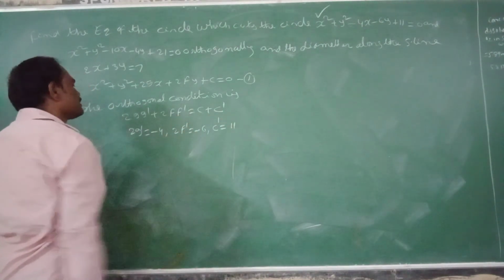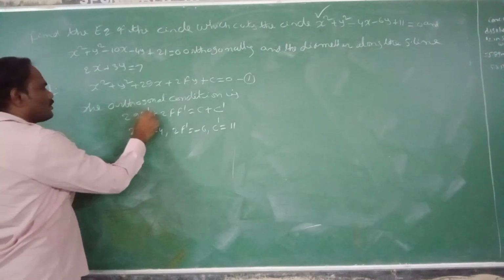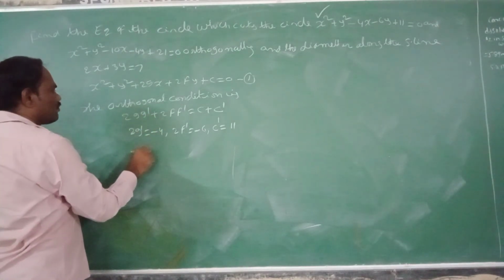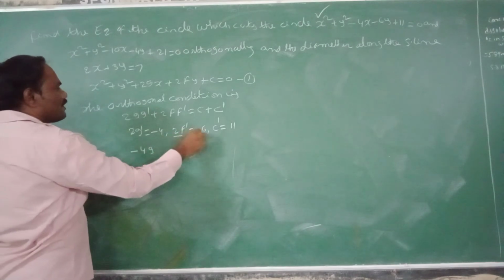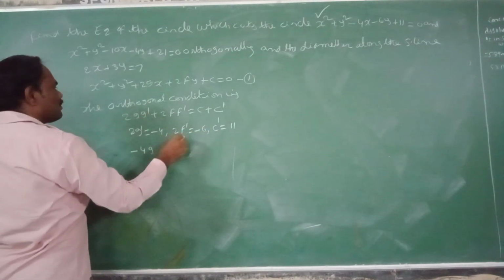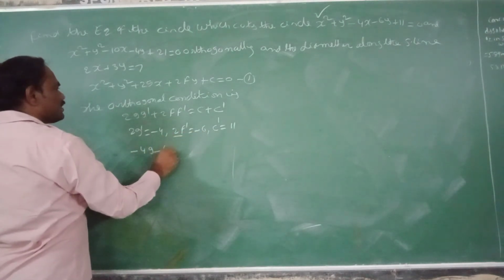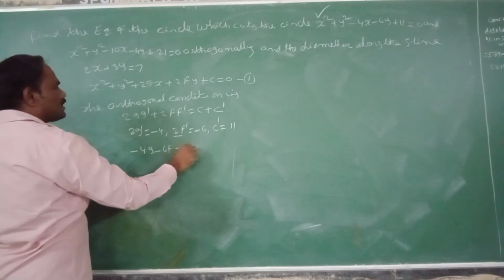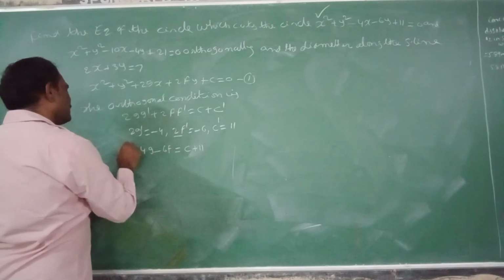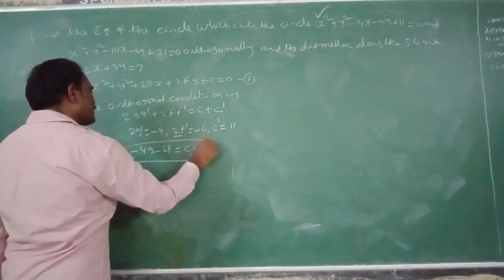Substituting these values, minus 4g minus 6f is equal to c plus 11. This is the first equation.